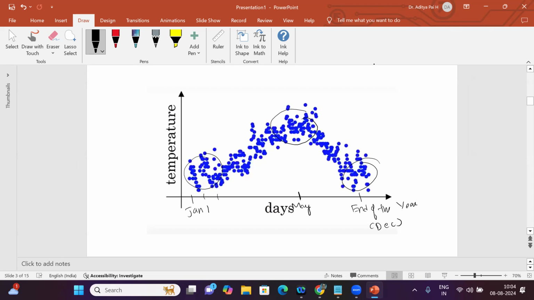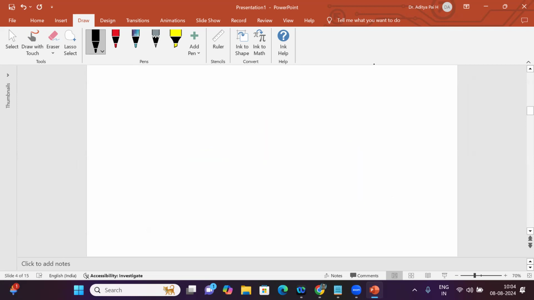So how do we go about it? To remove the noise, we'll have to initialize v0 equal to 0.